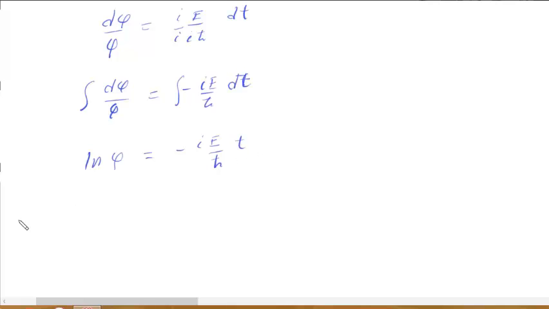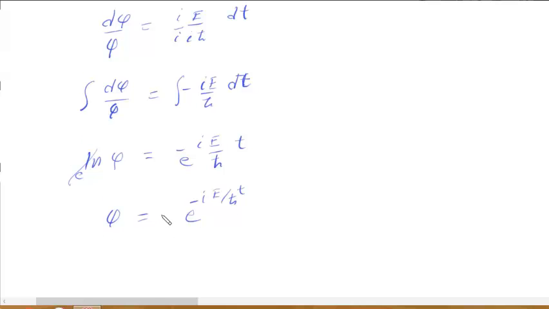Then we take the exponential on both sides and the log is cancelled. So phi is equal to e to the power minus i E t divided by h cut.